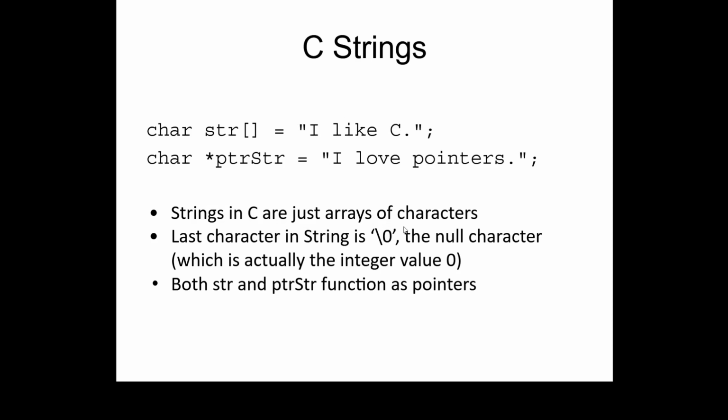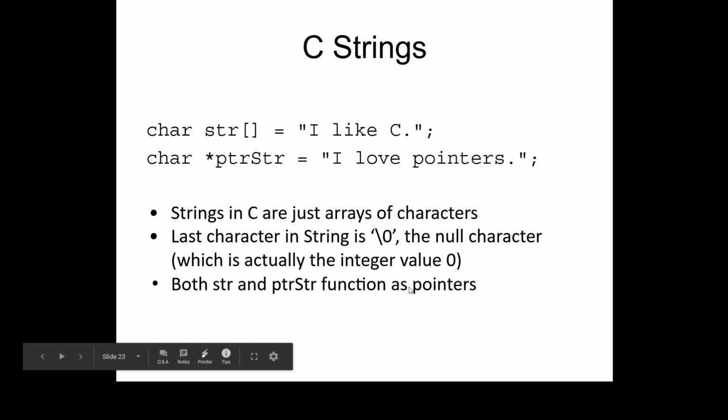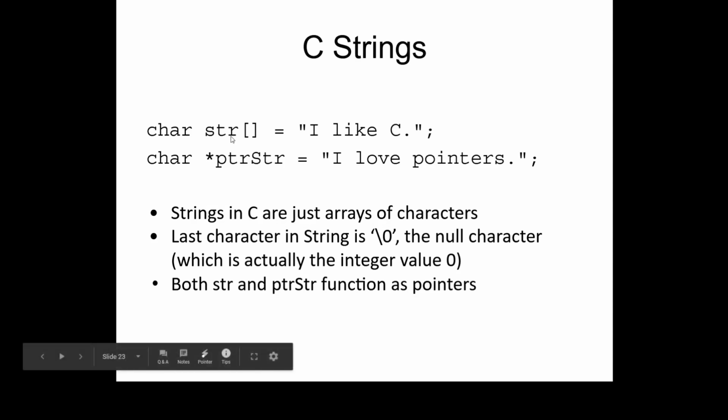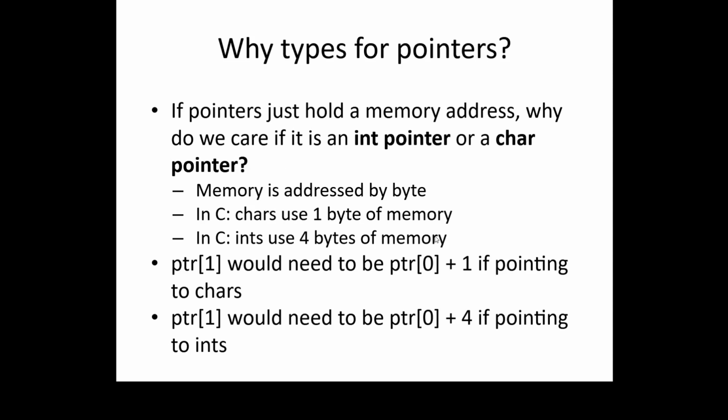And FYI, if you look at an ASCII table, the null character itself has to be a value, right? Well, it turns out it's an integer value 0. So the bottom line here is that both strings and string pointers, or str and ptr str, are actually character pointers and function that way.